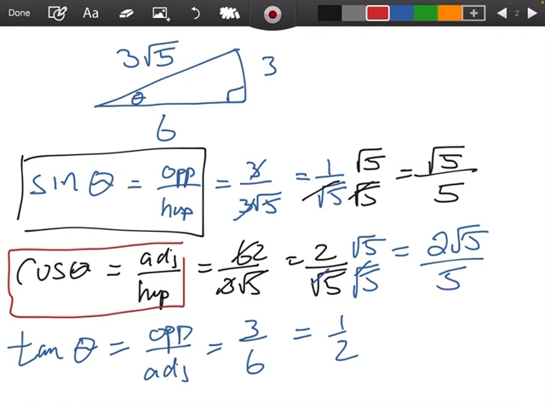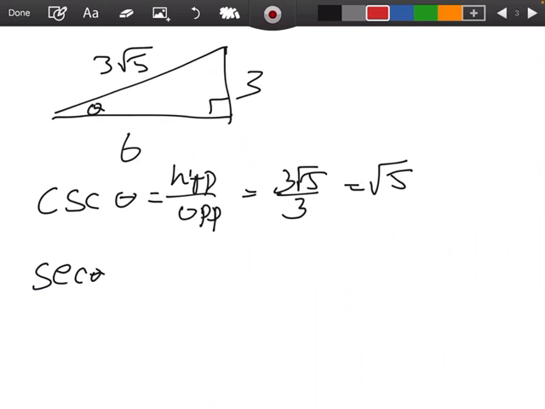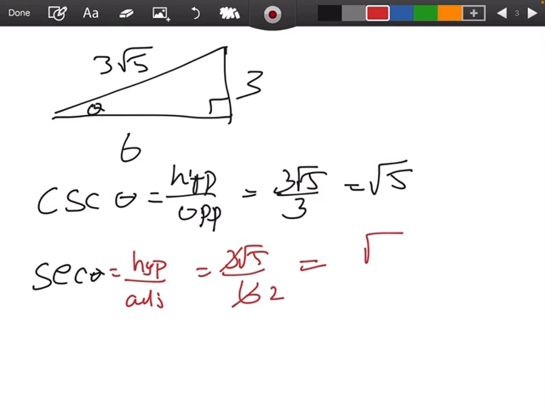So if I know the cosine is the adjacent over the hypotenuse, then my secant is going to be the hypotenuse over the adjacent. Okay, so the hypotenuse is again 3 square root of 5 over the adjacent side, which is 6. We can reduce these. So now I have a square root of 5 over 2.